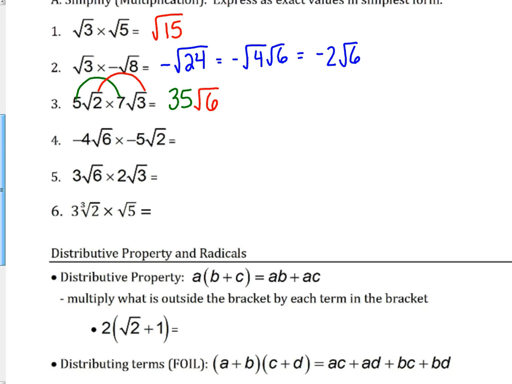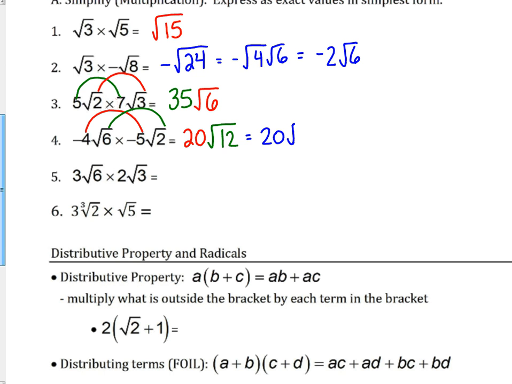Maybe not. Okay, what's negative 4 times negative 5? Positive 20, good. And now what's root 6 times root 2? Root 12. Can you simplify root 12? Yeah, look, it's like Christmas colors. Festive, hey? Holiday colors, for being politically correct. Okay, so 20.